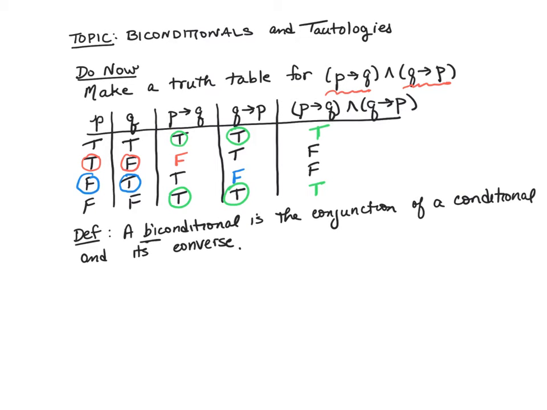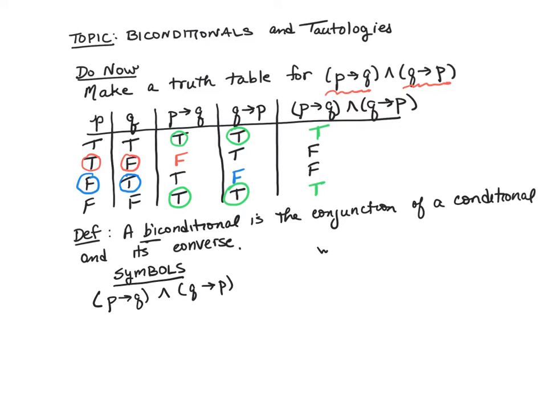And so symbolically, we could write it this way. We could write it as we did in the do now, if P then Q, and if Q then P.